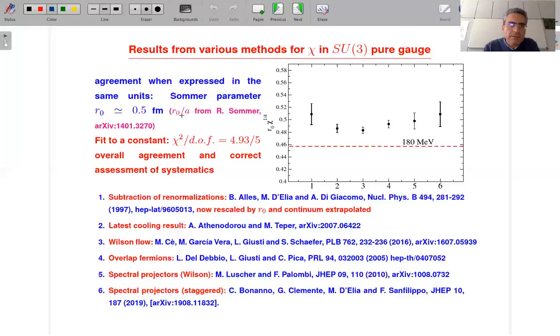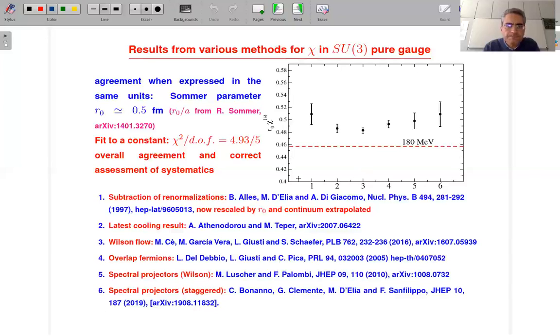The Sommer parameter here has been taken for all the determinations from the Sommer paper in 2014, so in some sense it is reliable. It's a Sommer parameter from Rainer Sommer. And I tried to fit all the determinations to a constant, and the reduced chi-square is about 5/5. So it means that these determinations are actually consistent with each other.